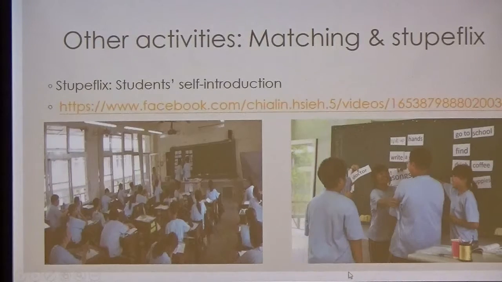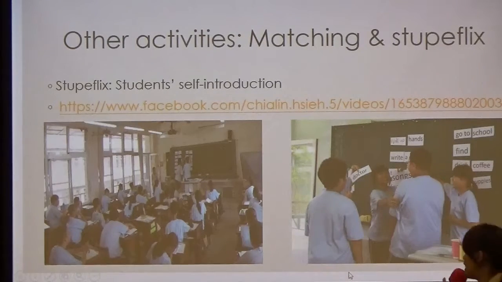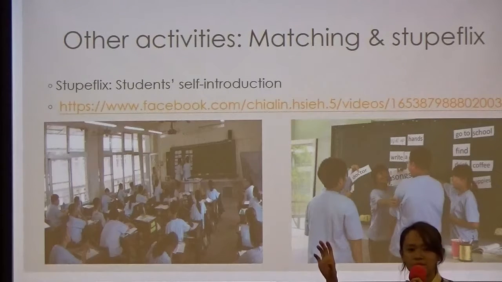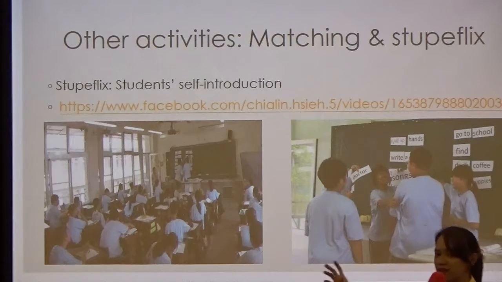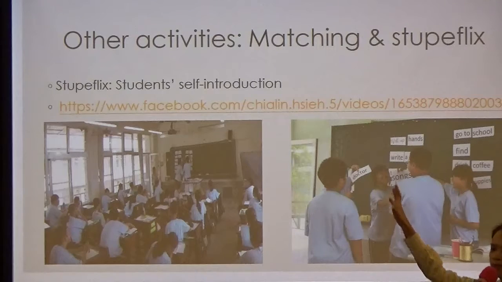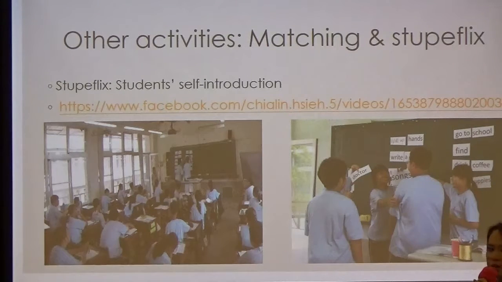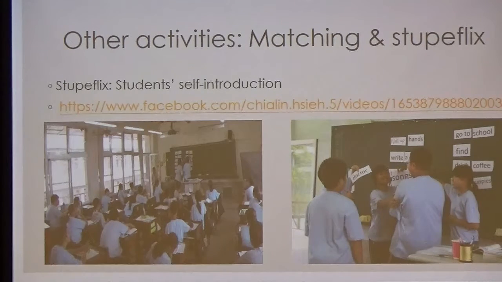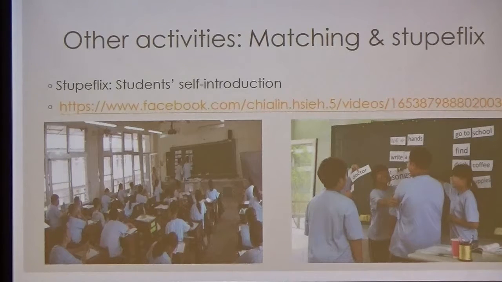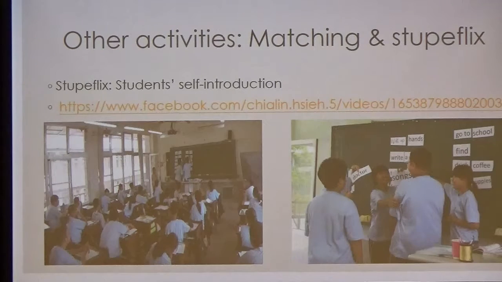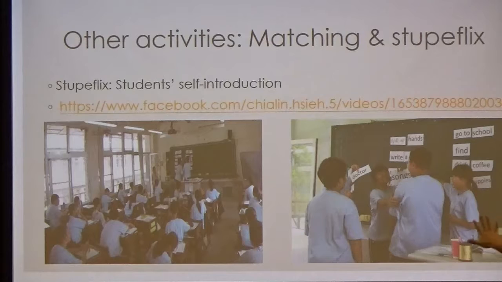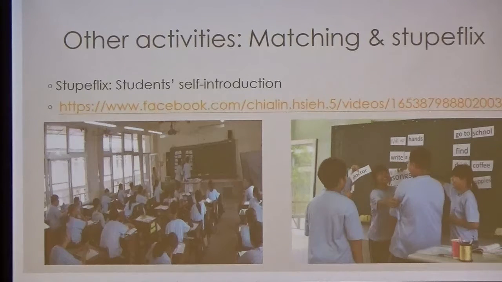And also we have some activity like matching. I use some vocabulary cards, or word cards, with verbs and nouns. I ask some students to come to the front, and I read them some words, and they have to pat the words, and then they get points. Then I read a sentence, and they need to put the verb and the noun together.